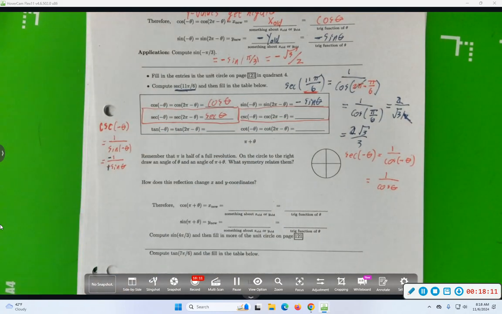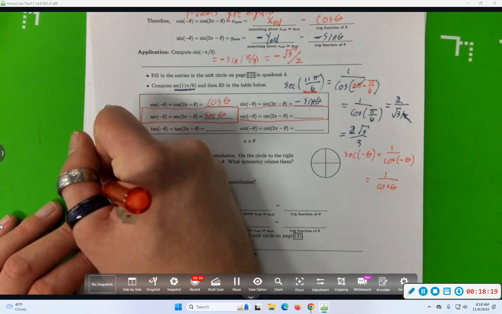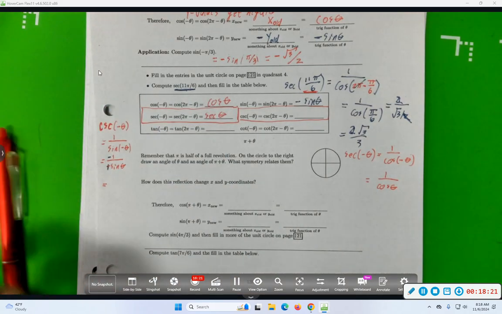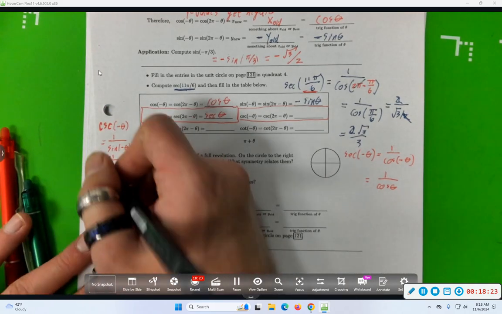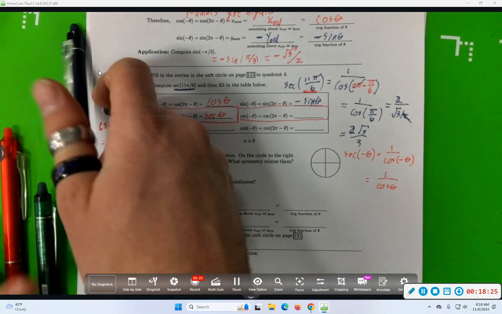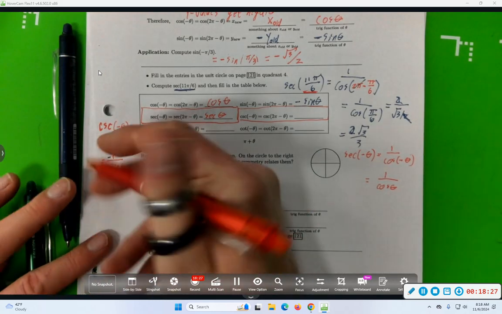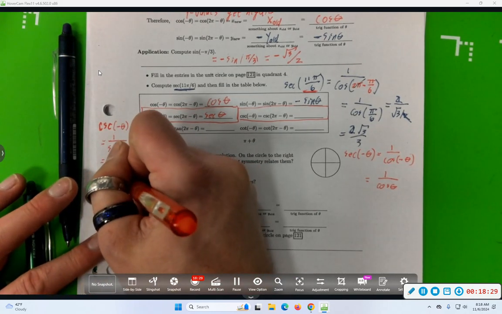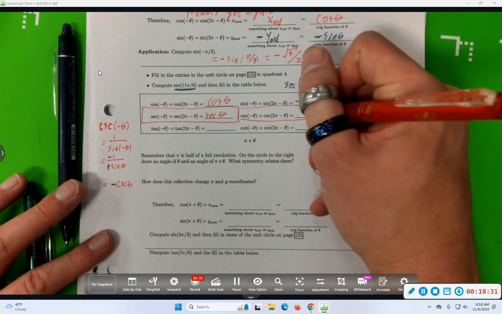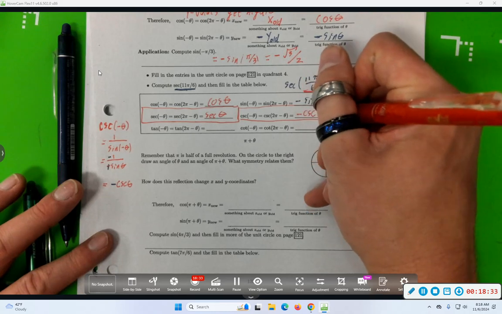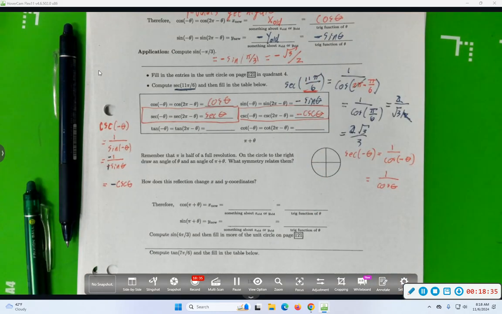So I see negative 1 over sine. And which trig function gives you 1 over sine? Cosecant. So this is the same as negative cosecant theta.